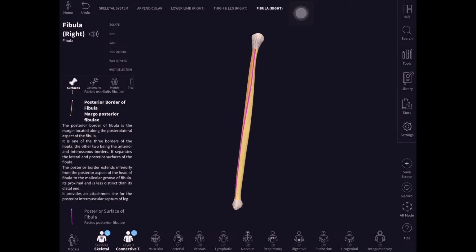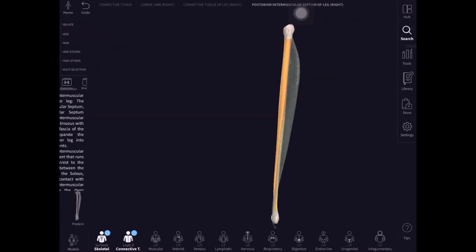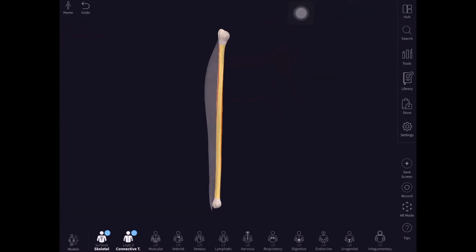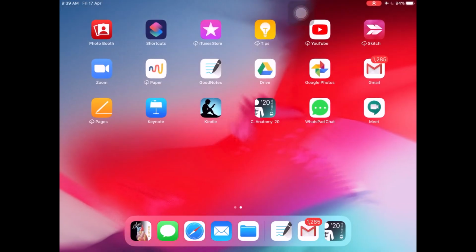And in this you can see our attachment, that is your posterior intermuscular septum, the same one it is attaching. So that's your attachment. Okay, so that's as simple as this. So I told you the anterior border gives attachment to the anterior intermuscular septum, the posterior border to the posterior intermuscular septum. Now the interosseous border.